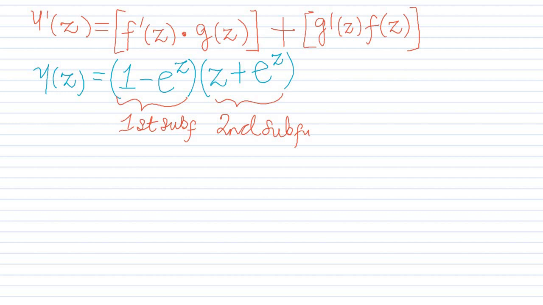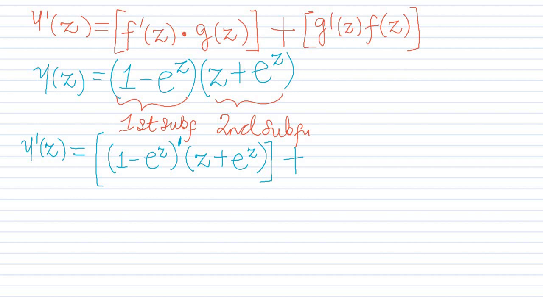So now that you have this, we're going to start applying it, right? So we just basically substitute. So we have y prime of z equals the derivative of the first function, which is 1 minus e to the z, prime, multiplied by the second subfunction, which is just z plus e to the z, right?